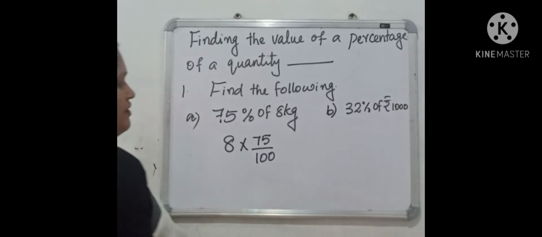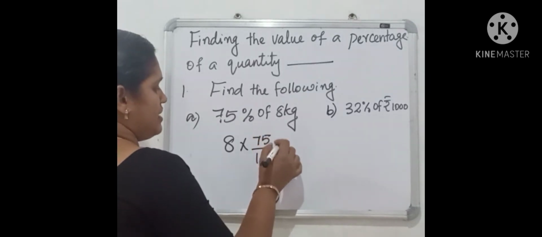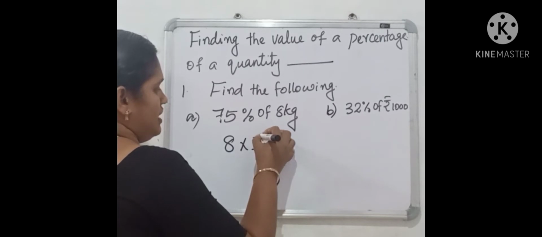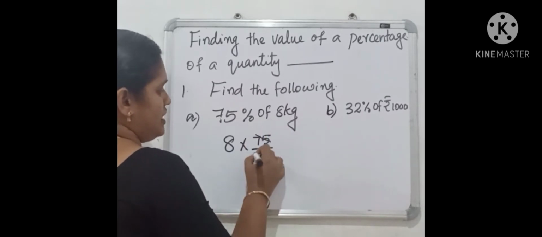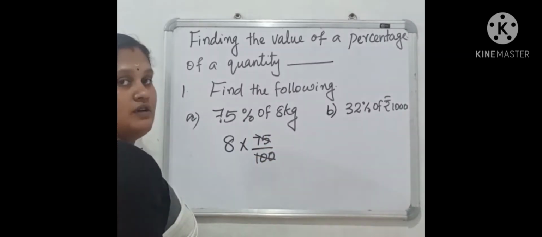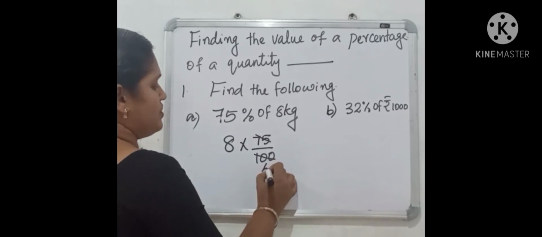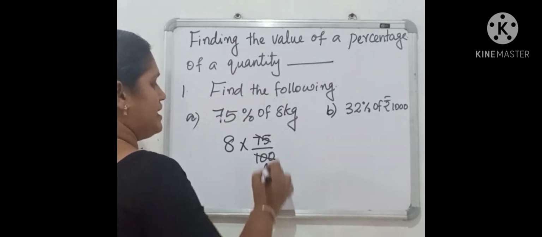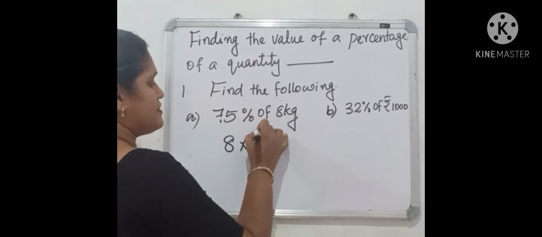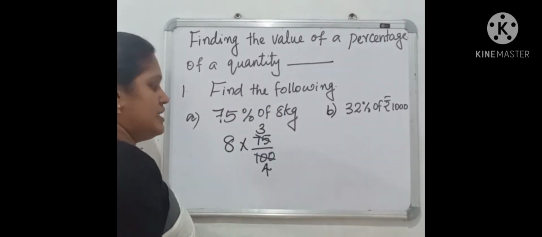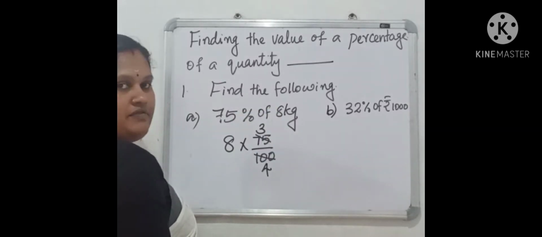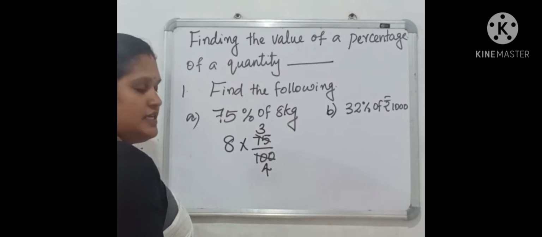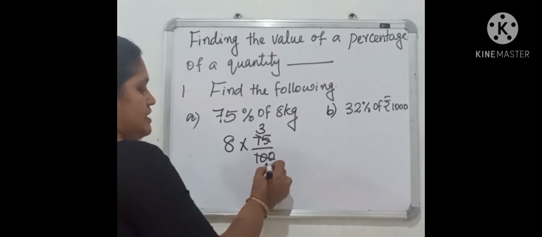First we can cut both sides by 25. 4 times 25s are there in 100. 3 times 25s are there in 75. Clear?